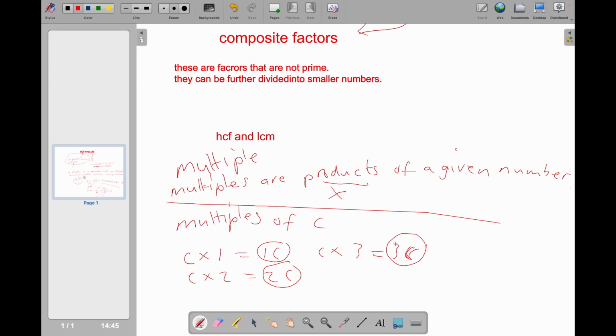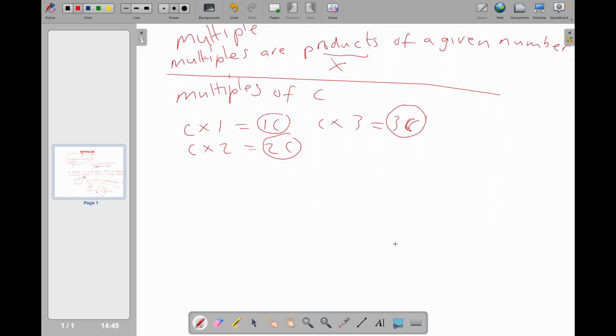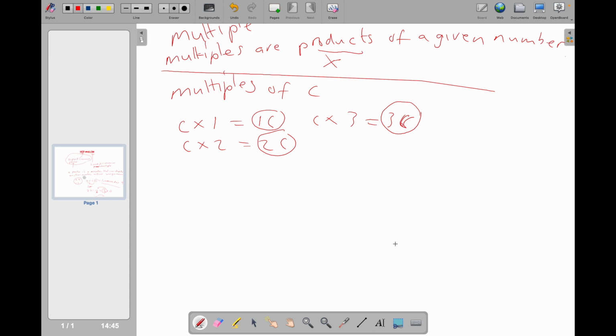So for us to get a multiple, we just multiply that number with any other integer or whole number. That's how we can get a multiple.